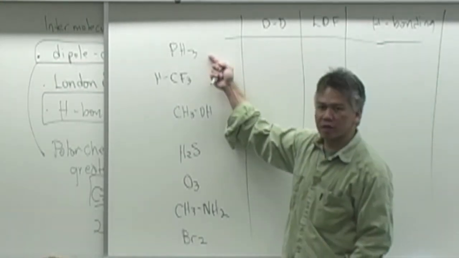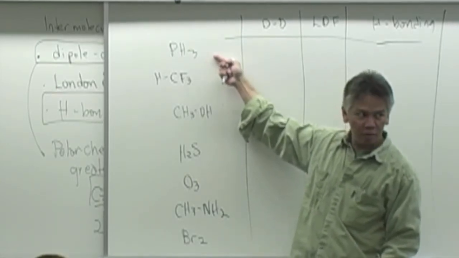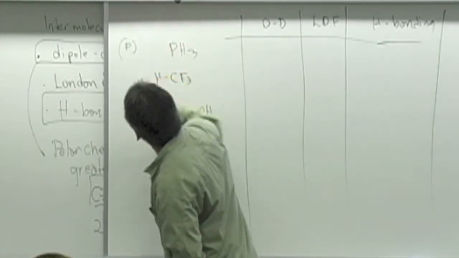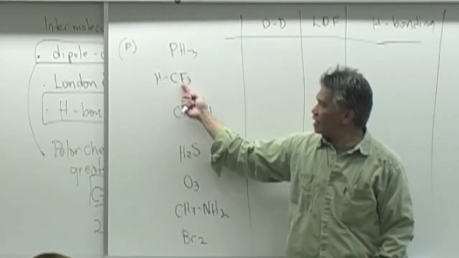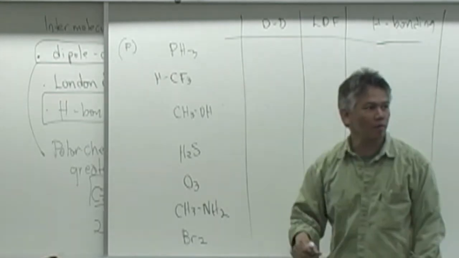PH3, very similar to NH3. Is it polar or non-polar? Polar. So I'm going to put P for polar here. CHF3 is basically tetrahedral, but one of the atoms happens to be hydrogen instead of fluorine. Polar or non-polar?